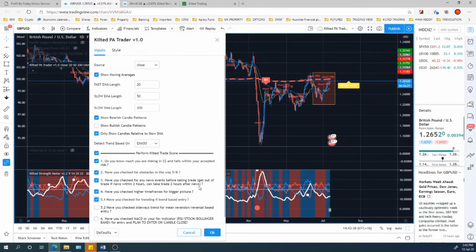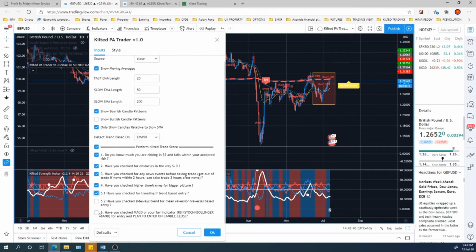And then finally, are you using another indicator which is effective? What I'm trying to say here is, are you using something else for confirmation? Okay, you've checked all these things, but what is the other level of confirmation that you've got? Have you got an indicator on there that's giving you that confirmation?